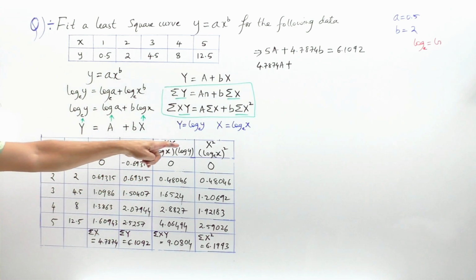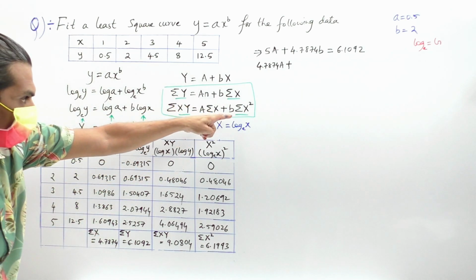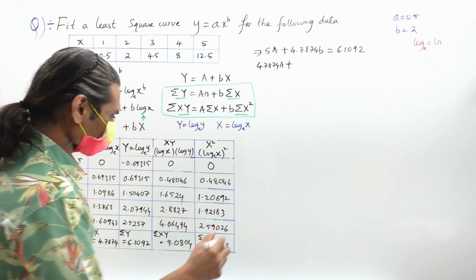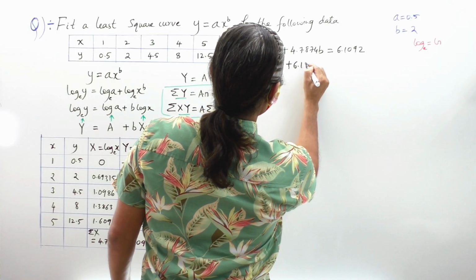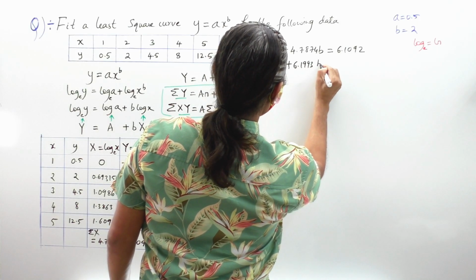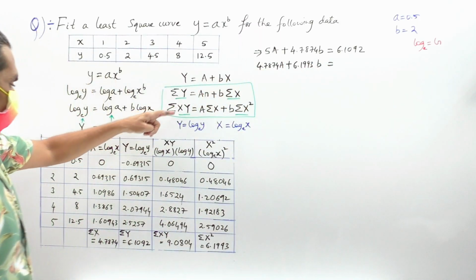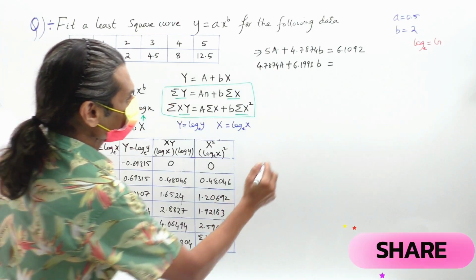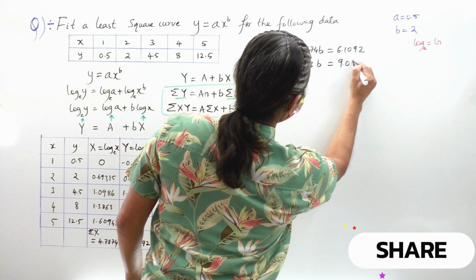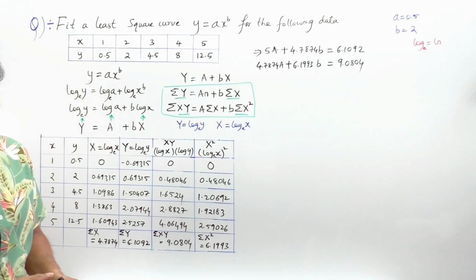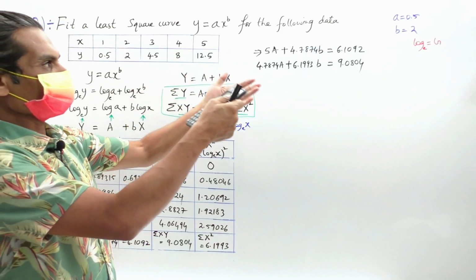That is what? B sigma x square will be here 6.1993, into B equals summation capital X y, 9.0804. So, we have these values here.